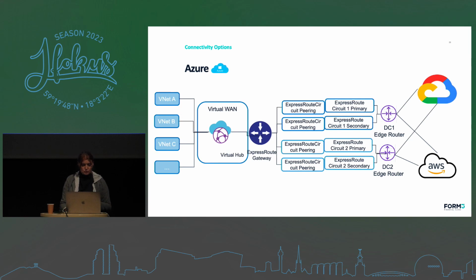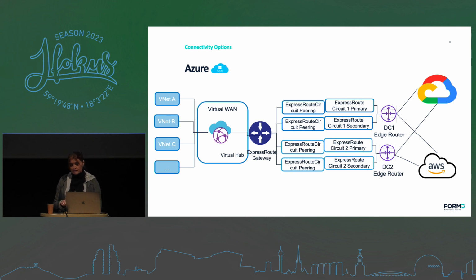When it comes to Azure, I think, from my experience, it was the most problematic cloud, plus it's my least favorite cloud. So with Azure, first we approached the problem with Virtual WAN and Virtual Hub inside with Express Route Gateway and Express Route circuits connected to the gateway.